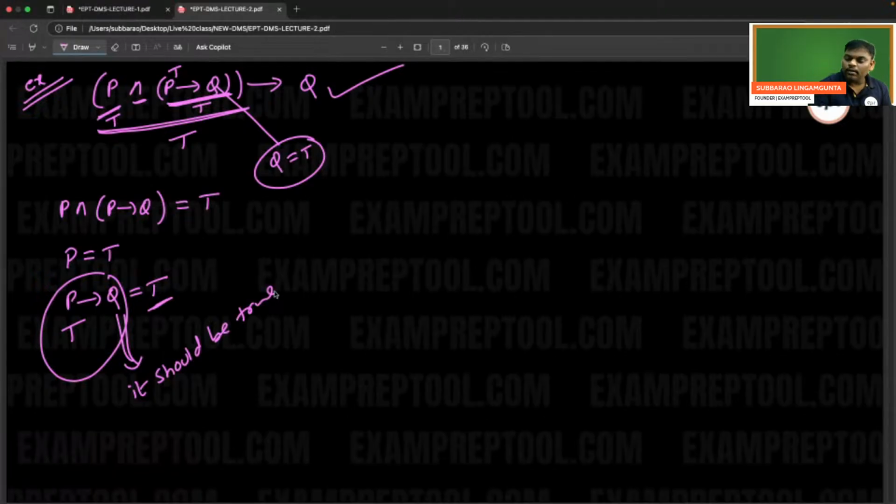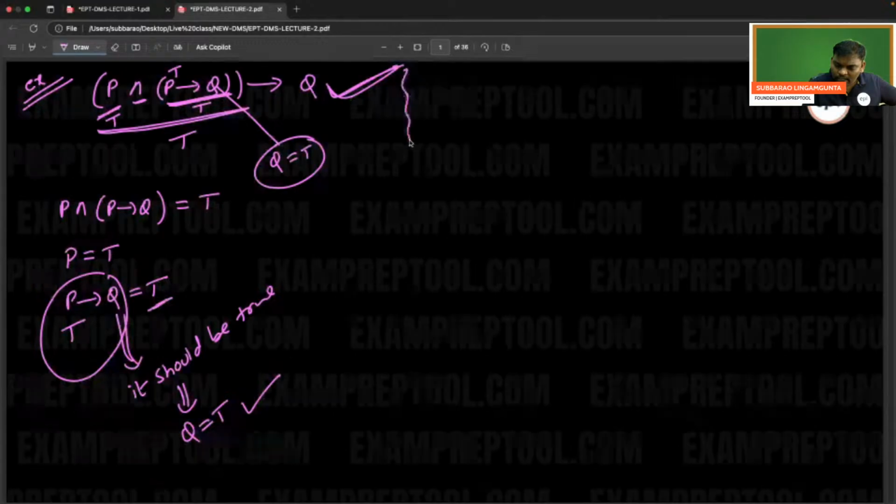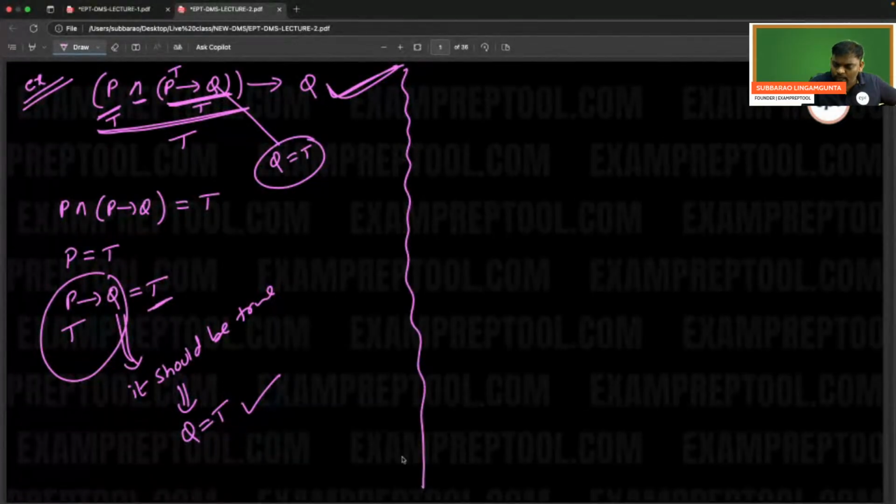Which is nothing but the right hand side. The right hand side is true. So I proved Q as true finally. Now understand this. As I mentioned to you, whenever I started the story, I had written the same thing. These two are same.